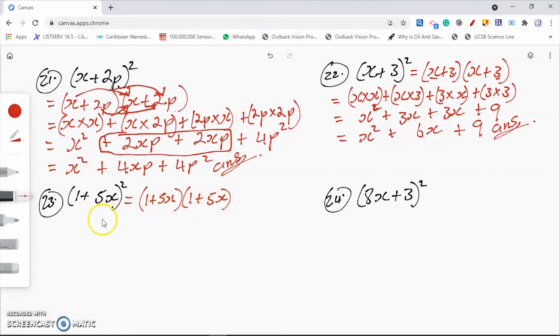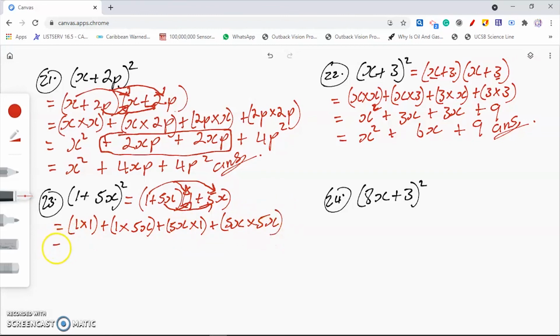So that would give us 1 times 1, plus 1 times 5x, plus 5x times 1, plus the same 5x times 5x.